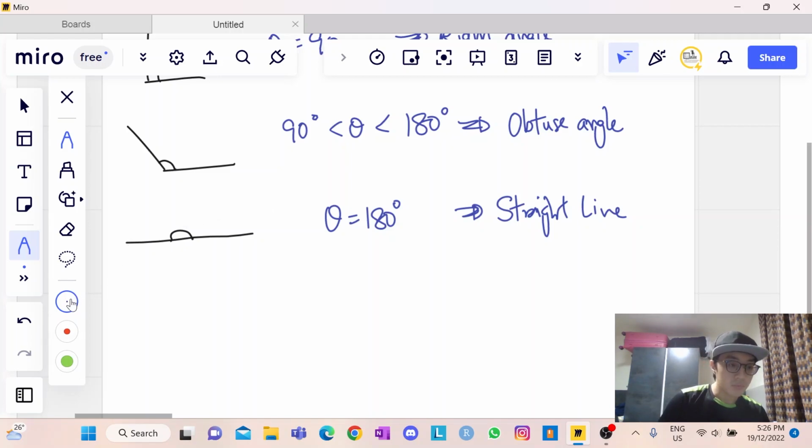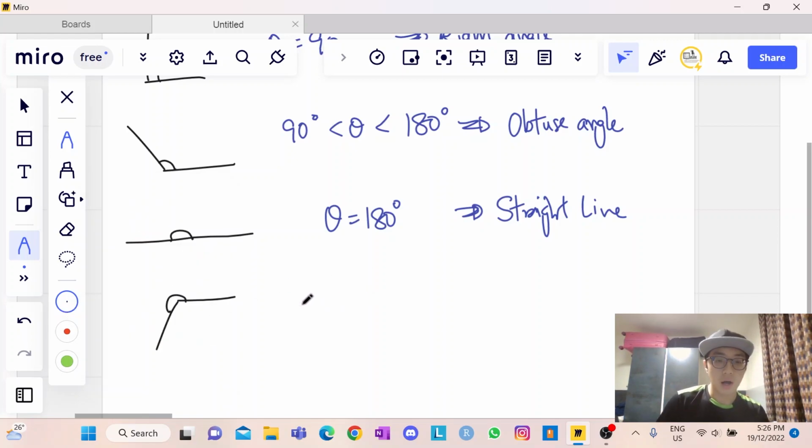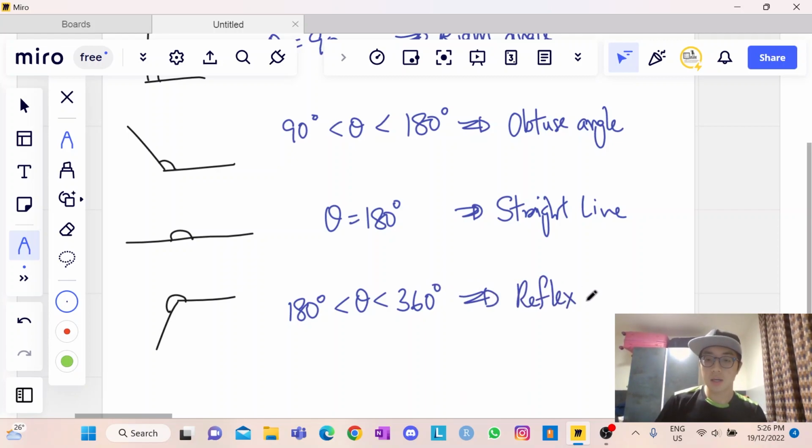After that, we will have a reflex angle. Reflex angles are angles larger than 180 degrees but less than 360 degrees. So these are called reflex angles.